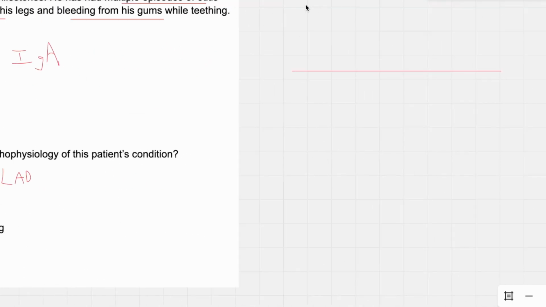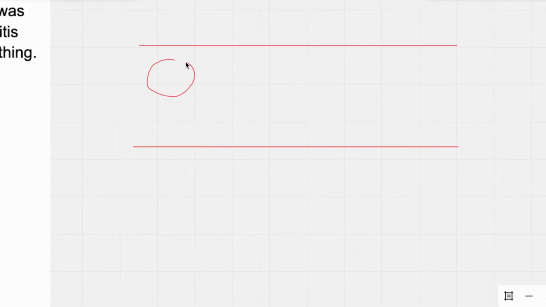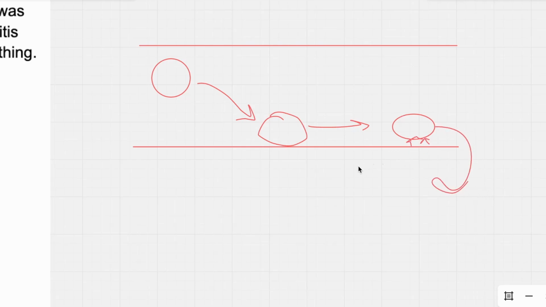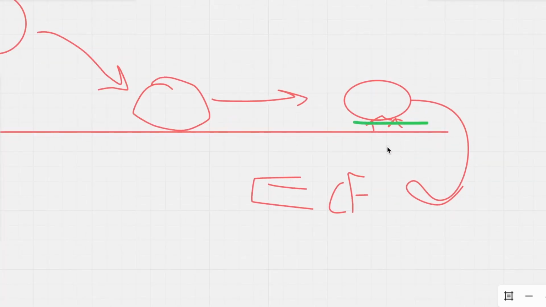So if this is your capillary and you've got your neutrophil here, it will come down and roll along the surface of the capillary until it comes to a firm stop once it's held on by some integrins and whatever other biochem junk I forgot. After that point, it'll extravasate into the extracellular space. But with LAD, we might not have these integrins, so it really can't roll and stop to begin with.